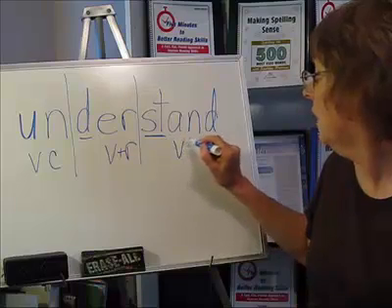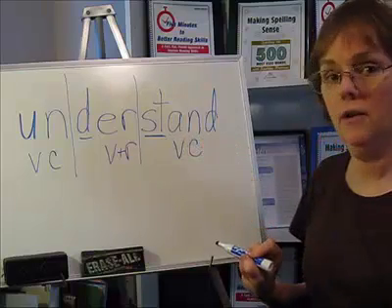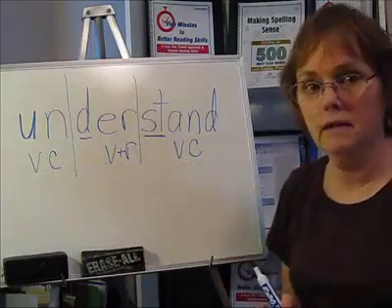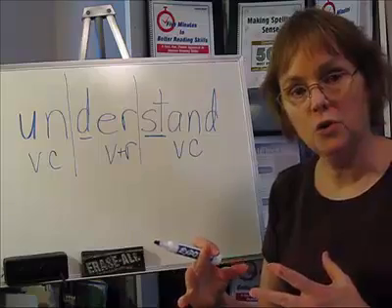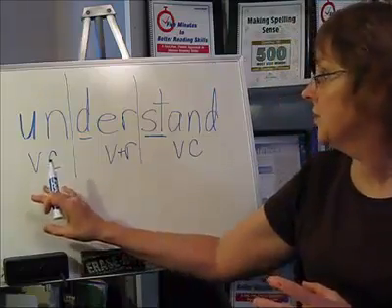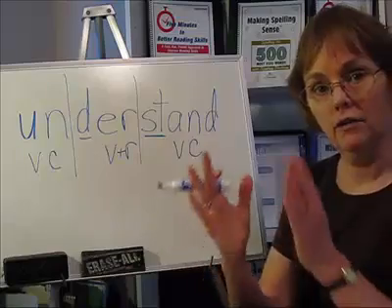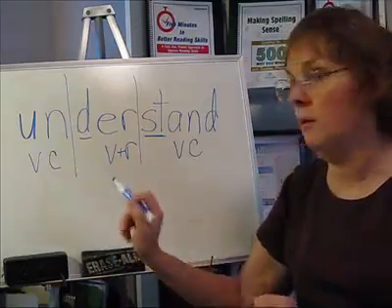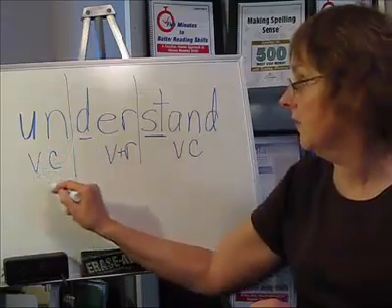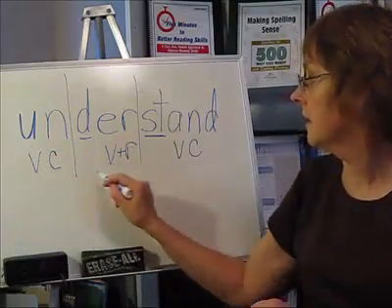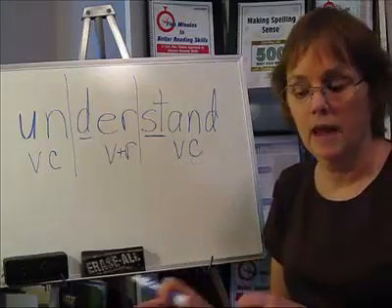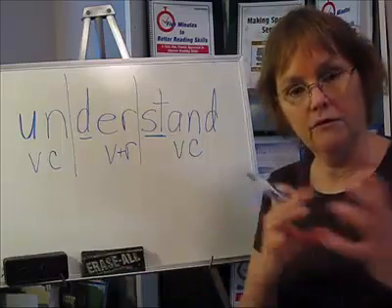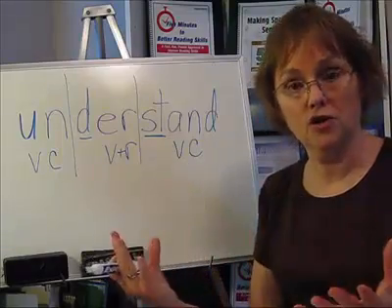Then we have vowel, consonant pattern. Understand. So that just shows you how larger words are just combined of smaller components, just different vowel patterns. So we have the first syllable, the second syllable, and the third syllable. As I say, you can have a variety of vowel patterns thrown together to make your larger words.